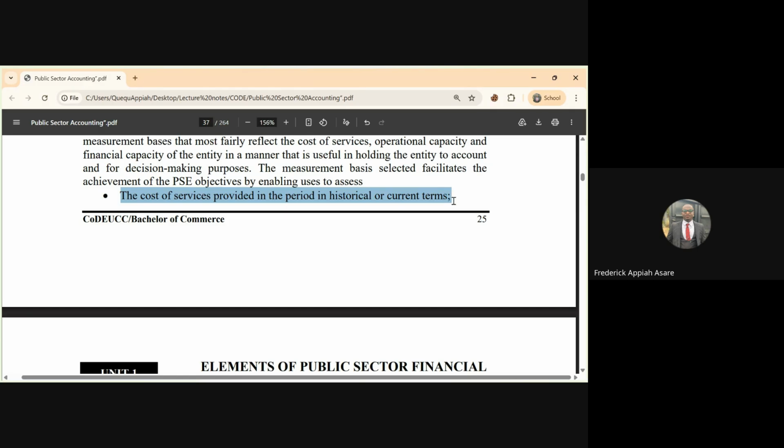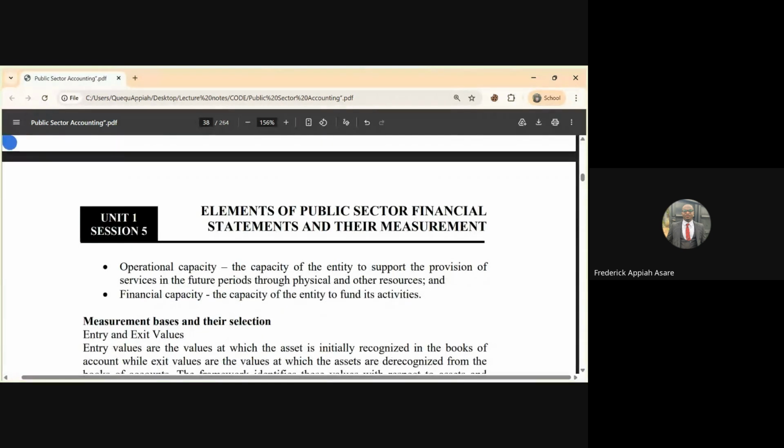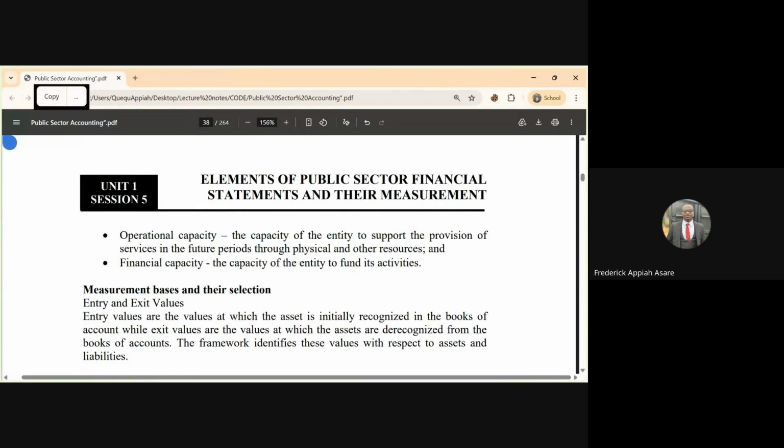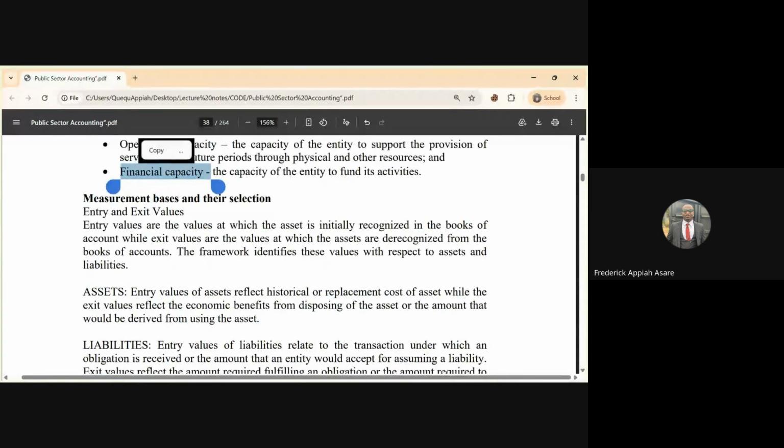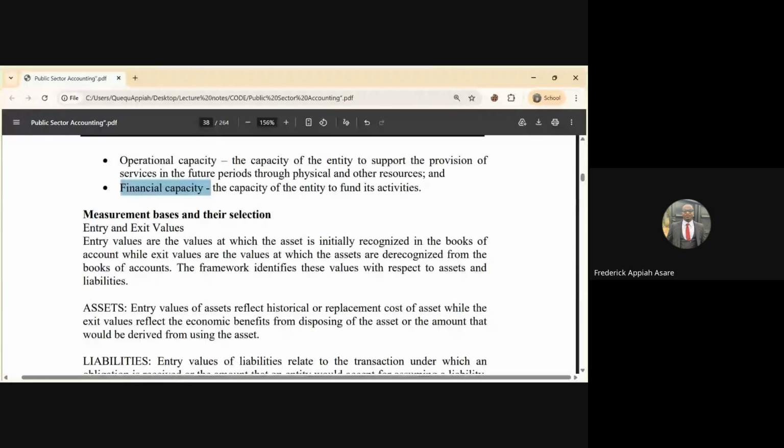So we want to measure assets because we want to know the cost. We also want to measure these elements, that is asset and liability, because we want to know the operational capacity and also the financial capacity.